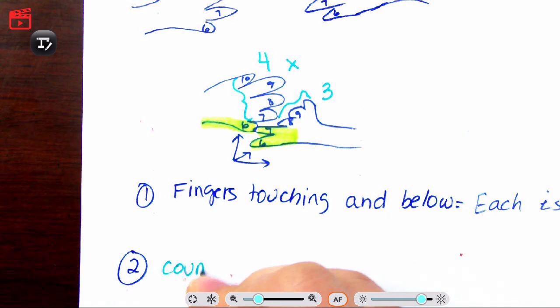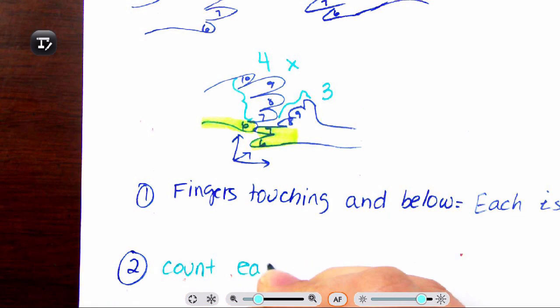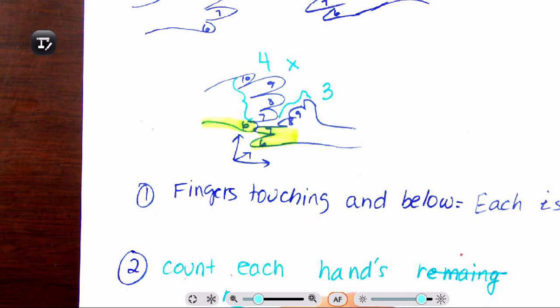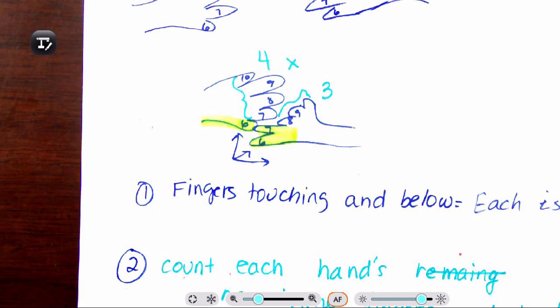Count each hand's remaining fingers and multiply. So for example, I had 3 times 4, and that's 12.